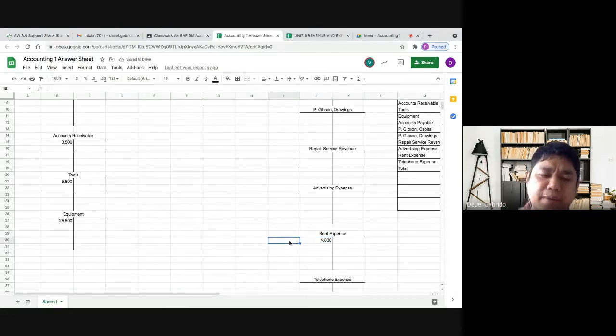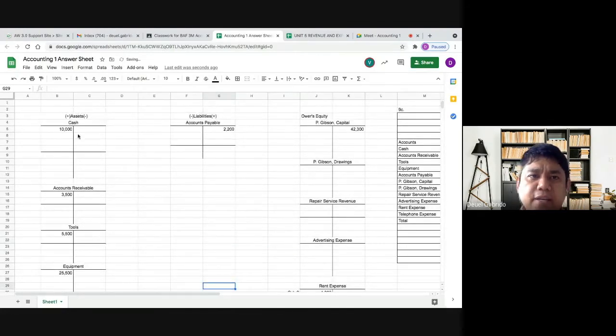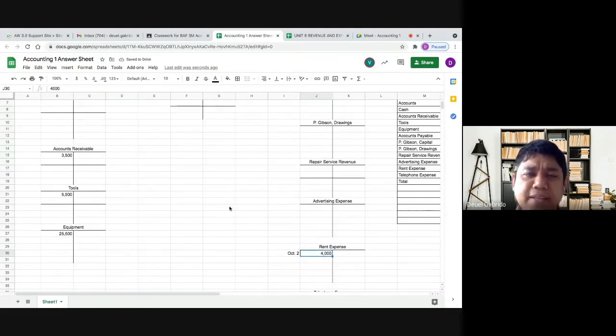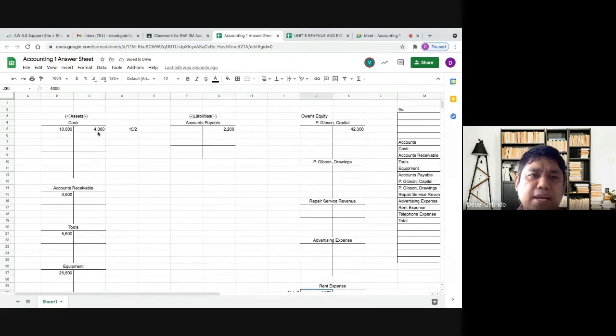October is the 10th month, right? 10/2. And of course, our cash will go down by the same amount, which is $4,000. Again, the expense is called rent expense, and cash will go down by the same amount, 4,000.